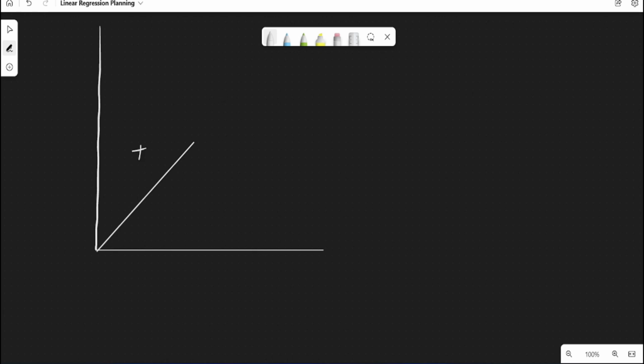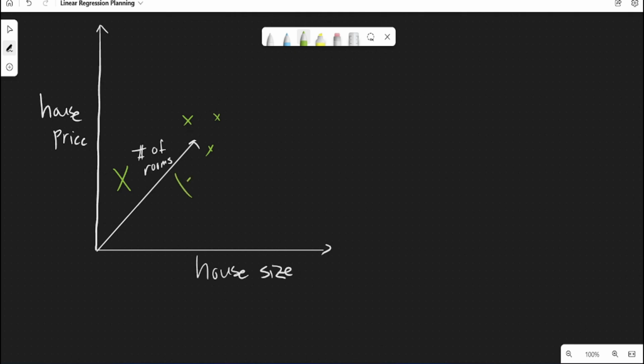Now it could be number of rooms, and let me add arrows here so you can see, and house size, and then we're trying to predict the house price. Let me add some data points. I'm going to make them larger to indicate that they're closer, and smaller as they get further.